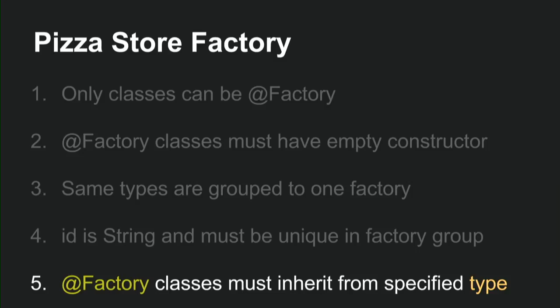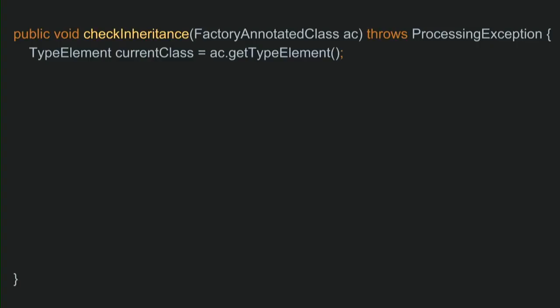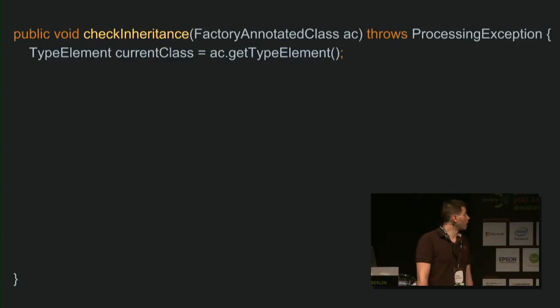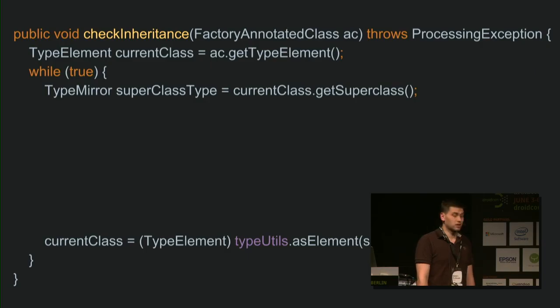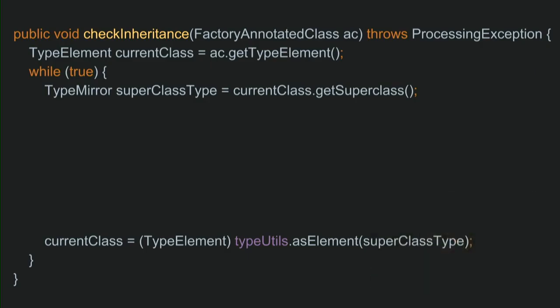Okay, so last, factory classes must inherit from the specified type. So how do we do it? There's something like checkInheritance. Basically it's just a loop, where we are climbing up the inheritance tree of this class. We take the current class, and here we use the type mirror, because I said before that the element itself doesn't contain any metadata about the type.